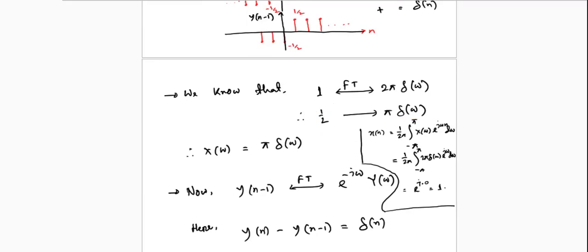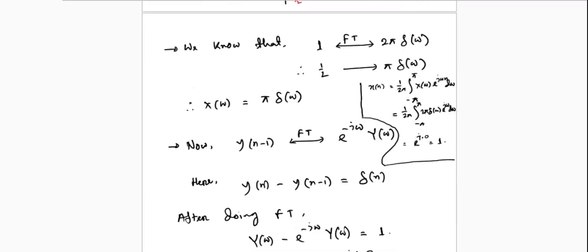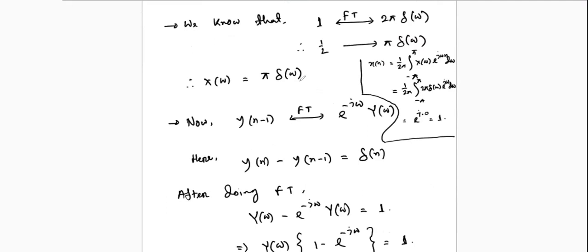So x omega is equal to pi delta omega. Now for yn minus 1, what is the Fourier transform? Of course, that is e to the power minus j omega into y omega. This is very simple again.